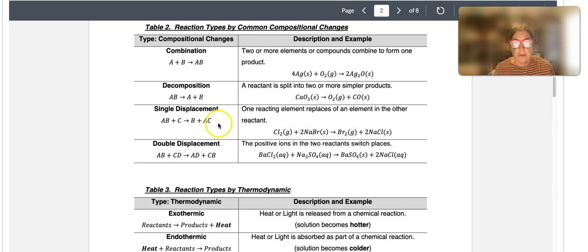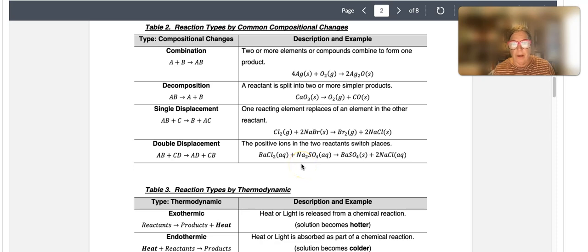Is it single displacement where you can see in this formula AB plus C becomes B plus AC? In other words, the A leaves the B and combines with the C. Or is it a double displacement where they both switch partners? And you can see these examples of the different types of compositional changes here.